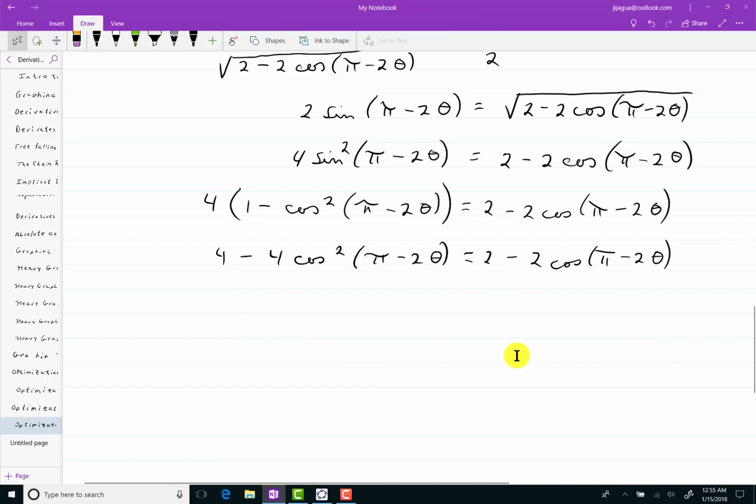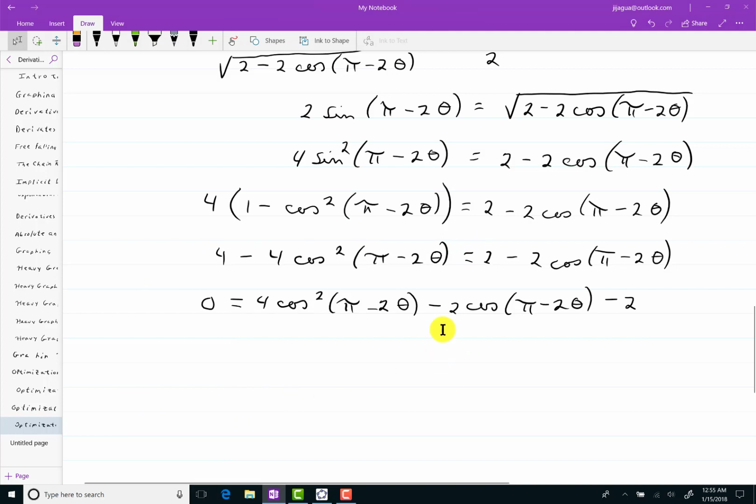So I'll have 0 equals 4 cosine squared pi minus 2 theta minus 2 cosine of pi minus 2 theta, and then I take 2, take away 4, minus 2.